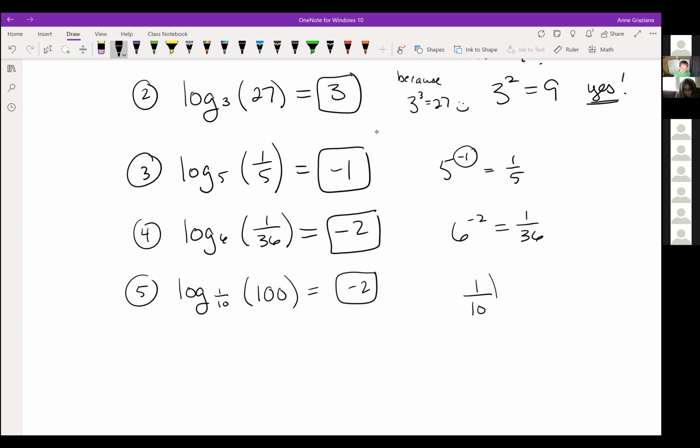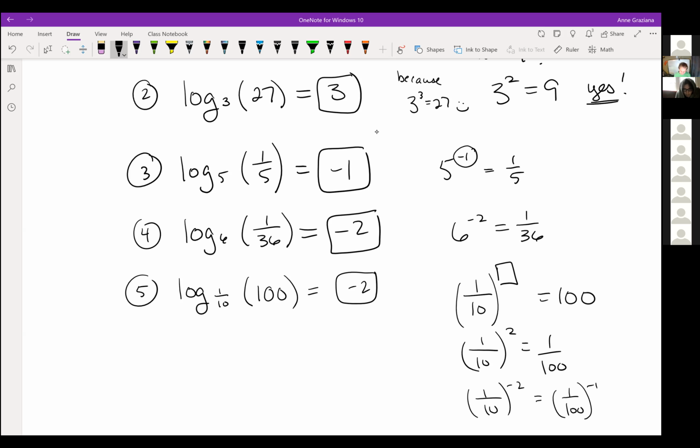So 1/10 to what power will give me 100? Well, I know we have to square it. 1/10 squared is 1/100, right? How do I flip that? Make it negative. So this is -2. So the negative just means you're going to flip it, right?